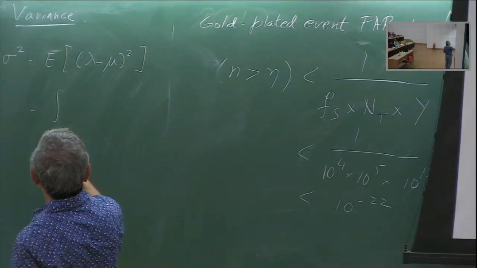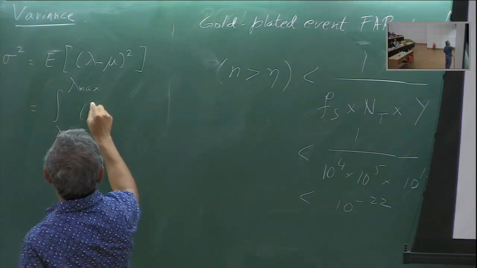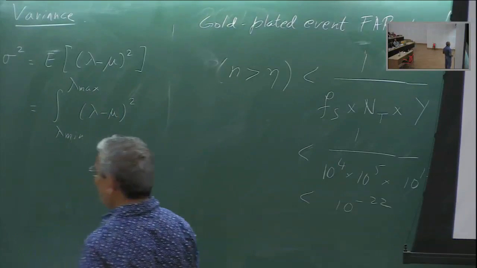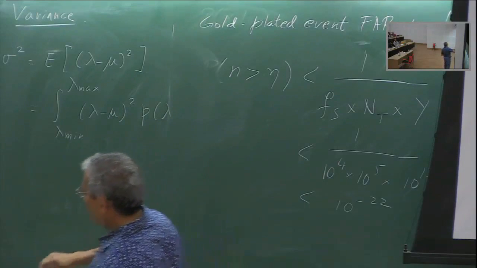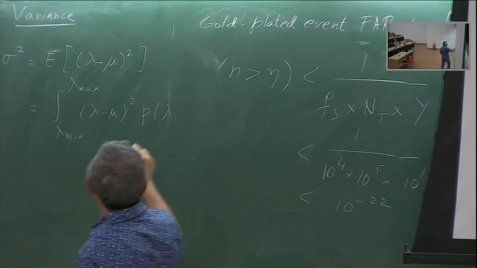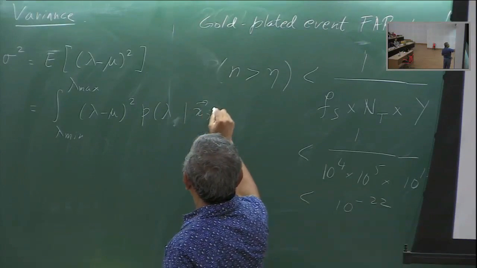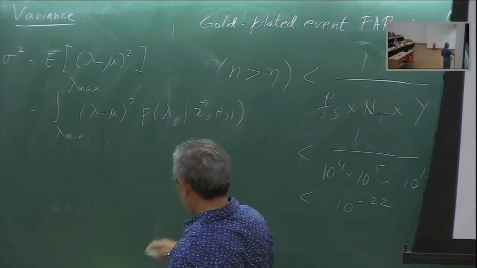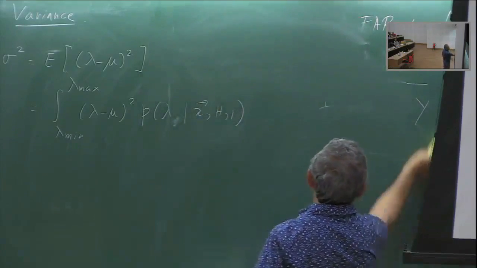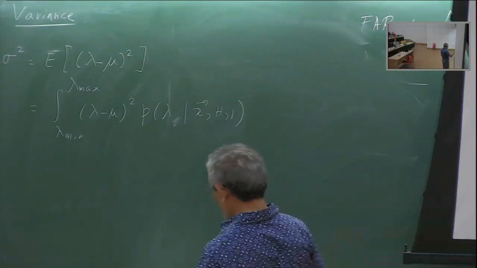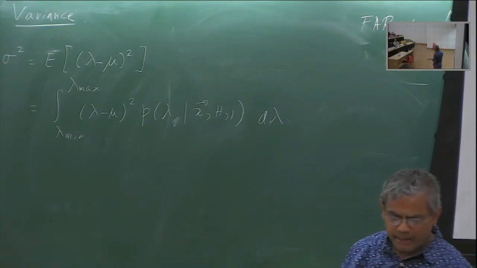So this would be again the integral from lambda min to lambda max of lambda minus mu whole squared, P of lambda given x, h, I, and d lambda. That would be the variance.